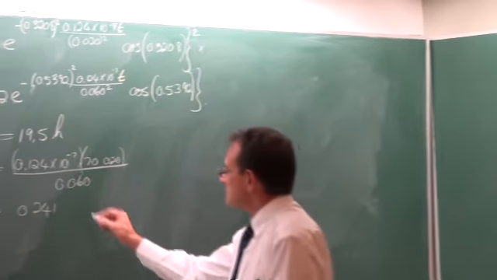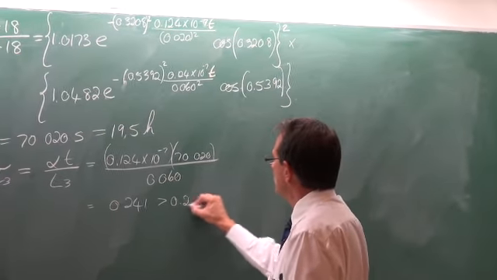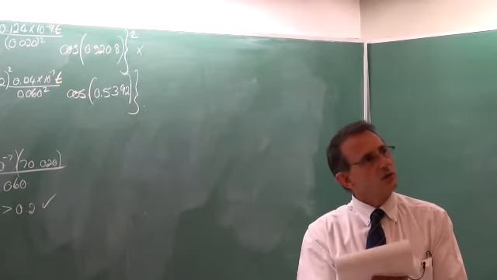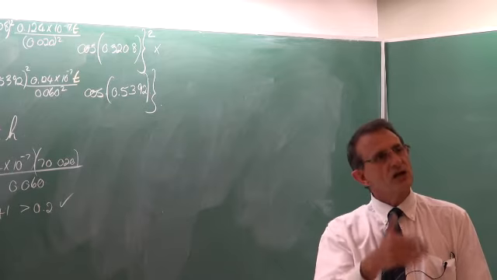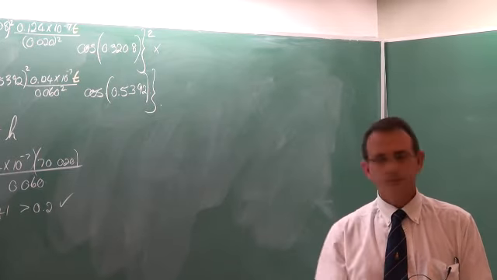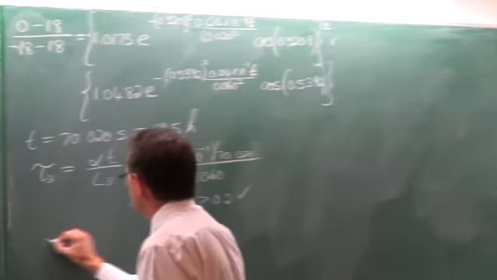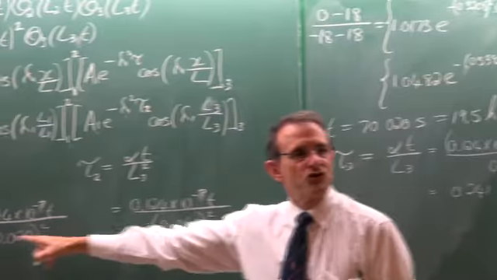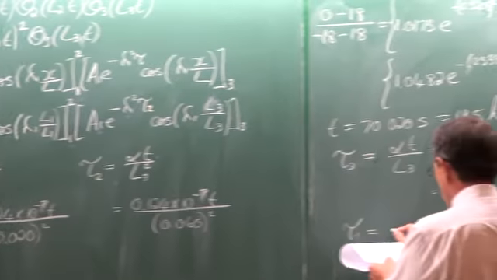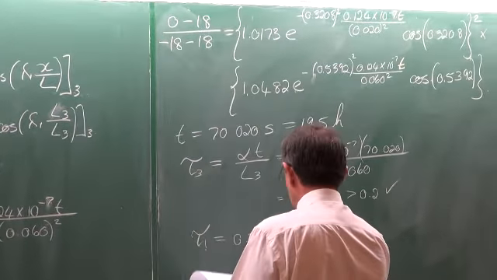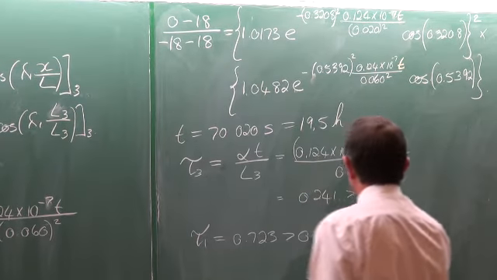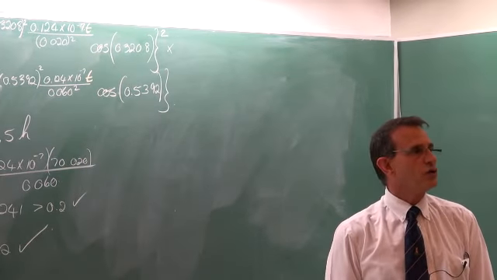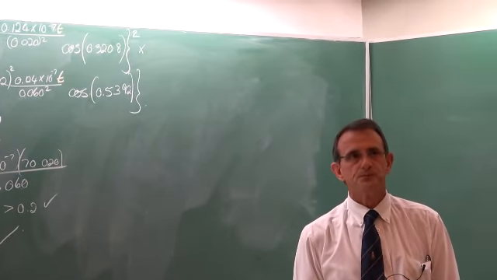Which means it is larger than 0.2, so we've just made it. If it wasn't the case, we would have to take into consideration a second and third term of theta. You can also check on tau 1. There's a factor 3 difference between them, and it is equal to 0.723. Unfortunately, that is also larger than 0.2. So the assumption is valid that only the first term approach can be used.